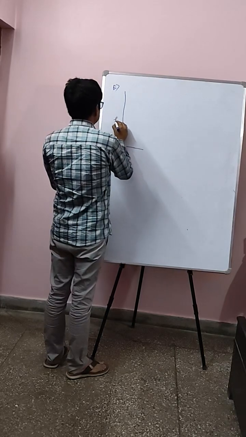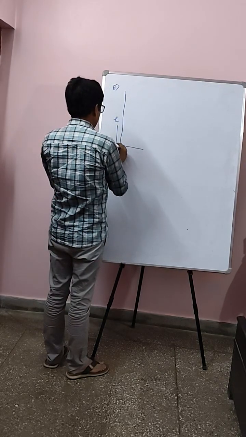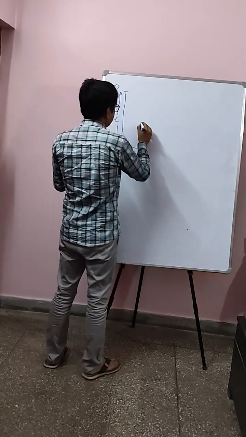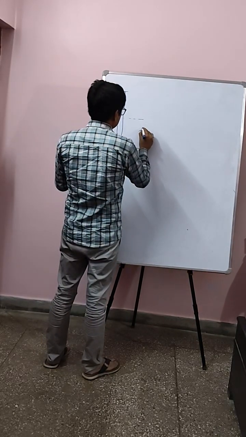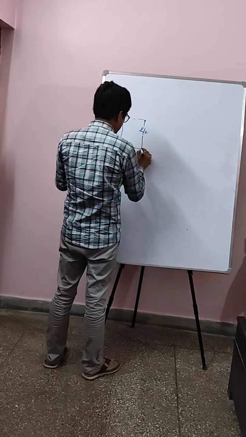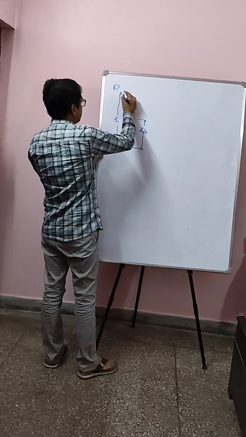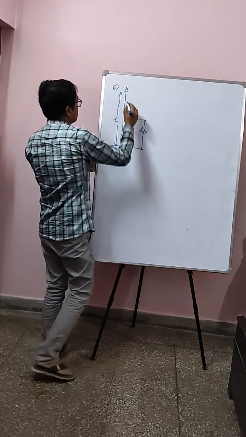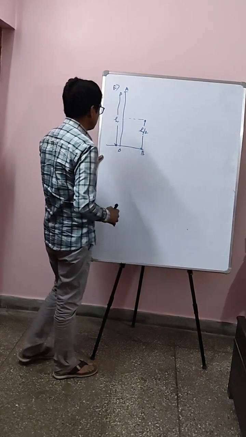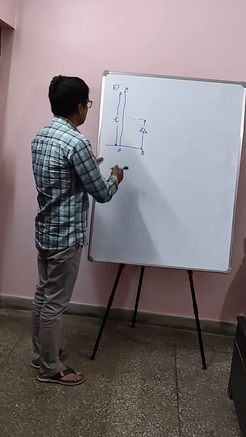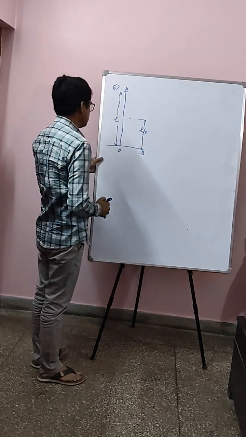This is height h and this is height h upon 2. The particle is dropped from this point, 0, A and B we can call it. We are making notations for our convenience of understanding. So the particle is dropped from h equals 0.